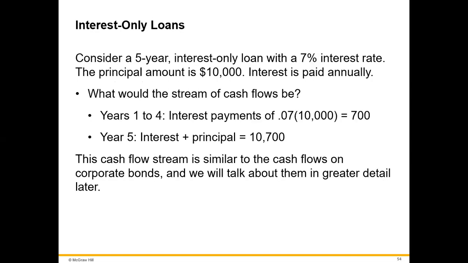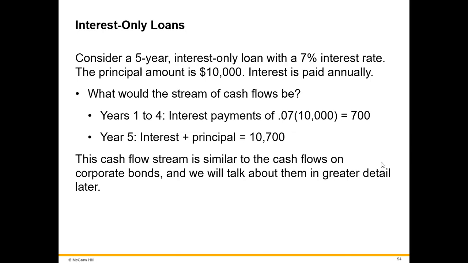What about interest-only loans? Well, consider a 5-year interest-only loan with a 7% interest rate. Principal amount is $10,000. Interest is paid annually. So at each interest payment date, the end of the year for the first 4 years, the person will pay $700 of interest only.